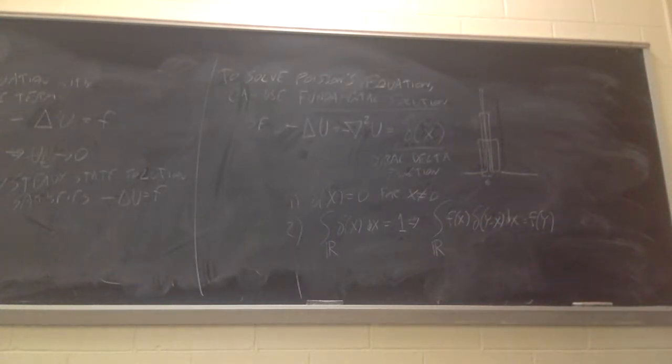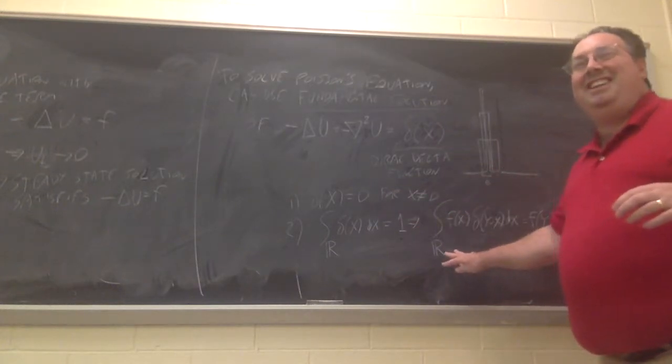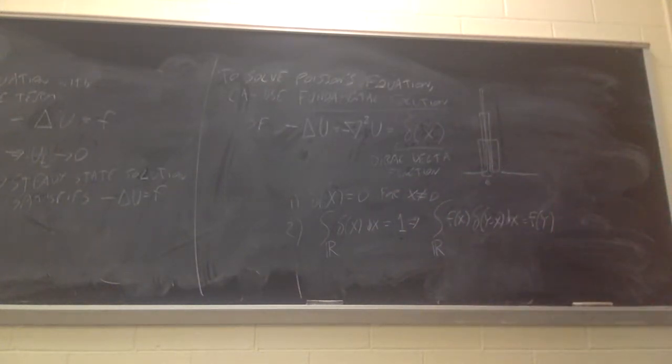We're still thinking of it literally as a function, but it's not really a function. It doesn't obey the laws of functions. It's a distribution, whatever that is. So I'm asking you to take for granted that these things work, but it does lead to a solution formula that can actually be used.